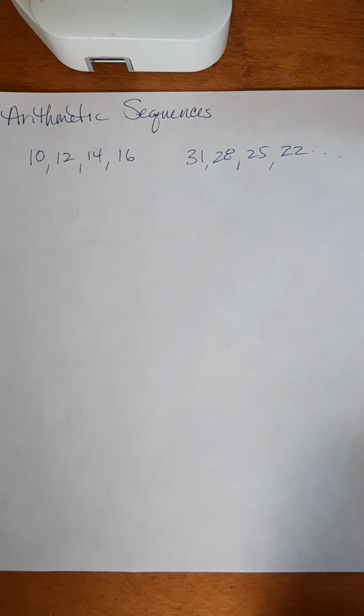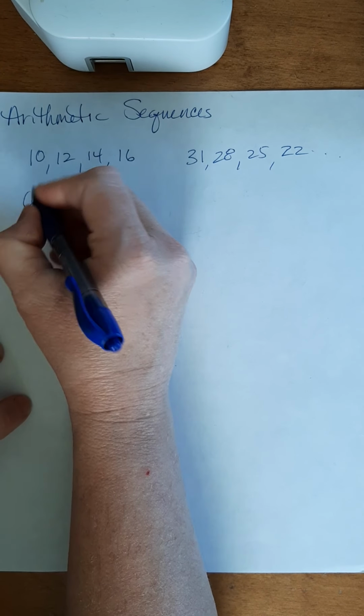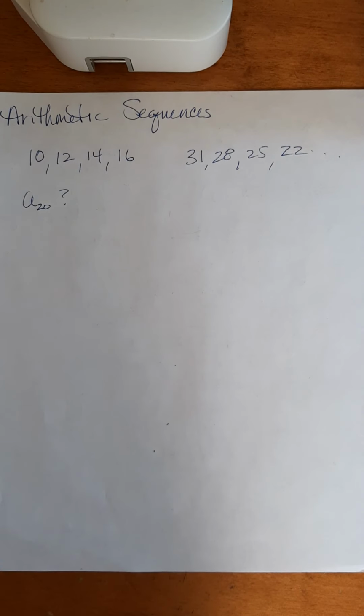But let's say that I wanted to find, we'll use this sequence, the 20th term. Well, I could obviously add 2 16 other times to get there, but I could make a careless mistake.